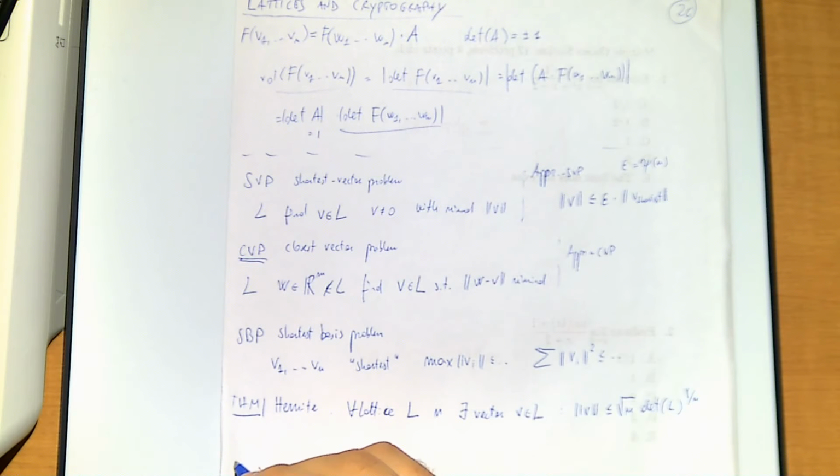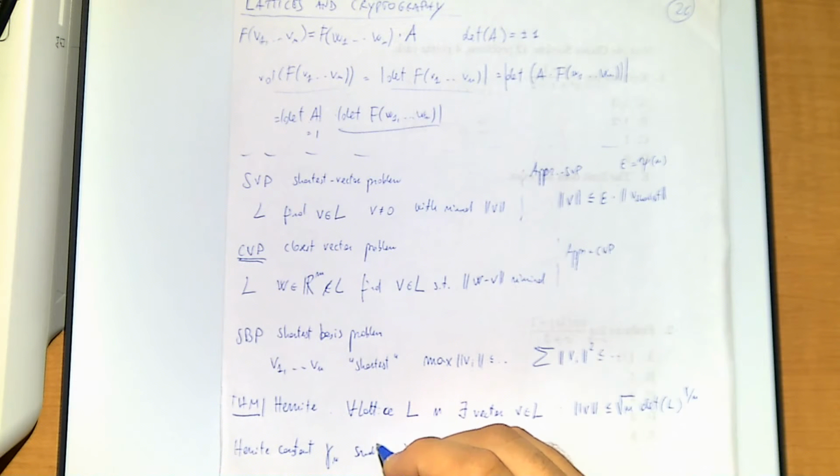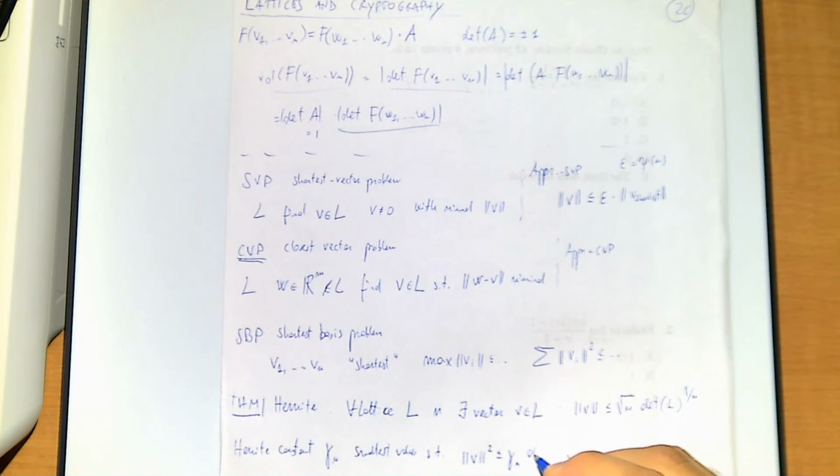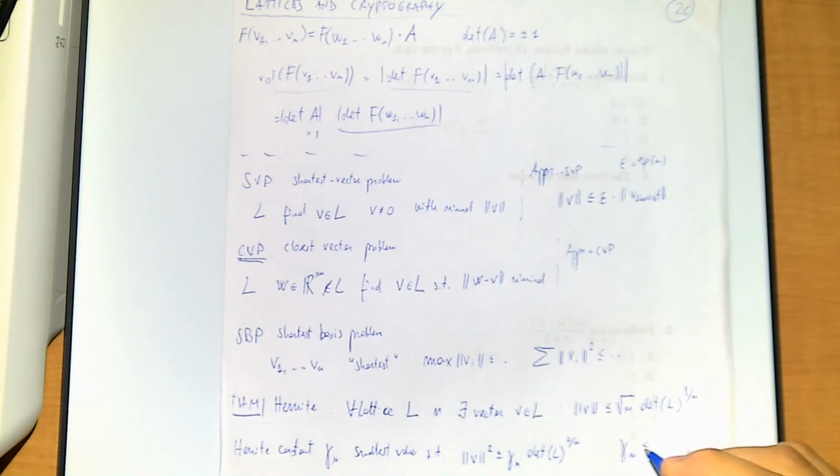and we also have a Hermite constant gamma n, which is the smallest value such that every lattice of dimension n contains a vector v such that the norm of v squared is less than gamma n times determinant of L to the 2 over n, which is kind of like the square of the previous one. In the version of Hermite's theorem that we presented, gamma n is always less or equal than n.